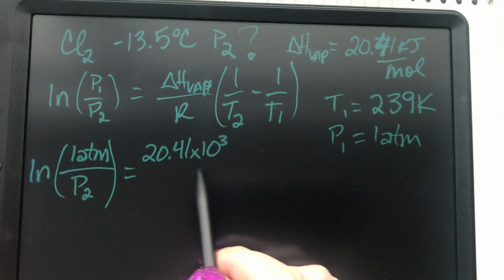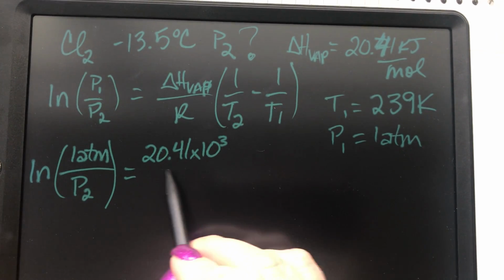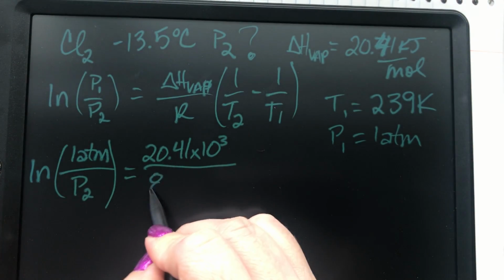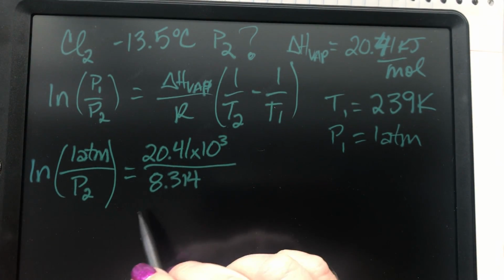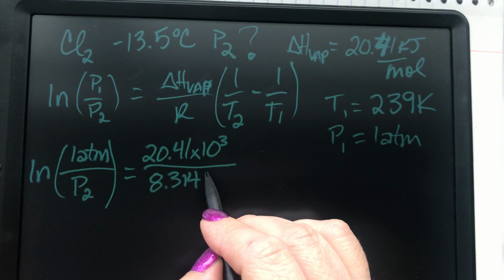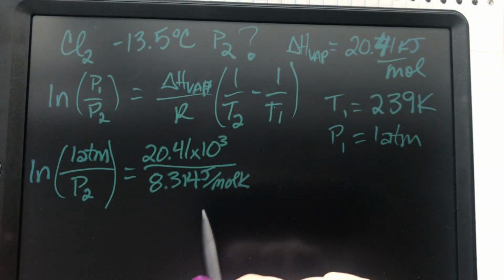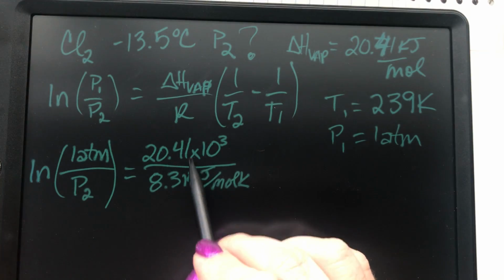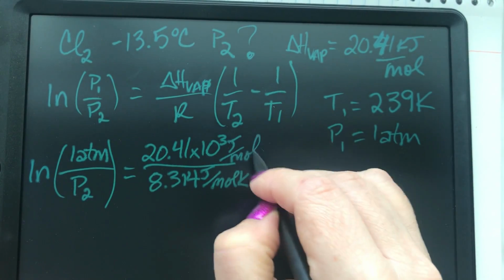Now, important here, this guy needs to be in joules, not kilojoules, right? Because this version of R that we're using is joules per mole Kelvin, right? So we need to make sure that this guy is in joules per mole.